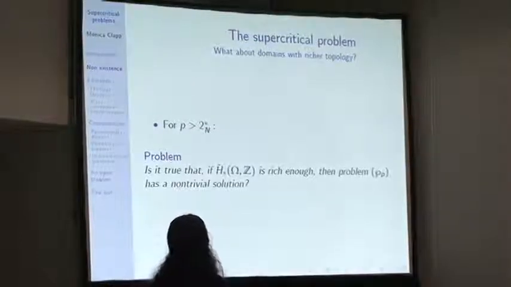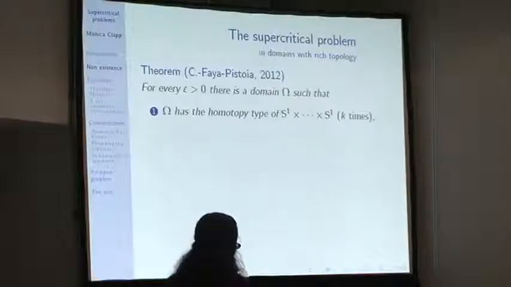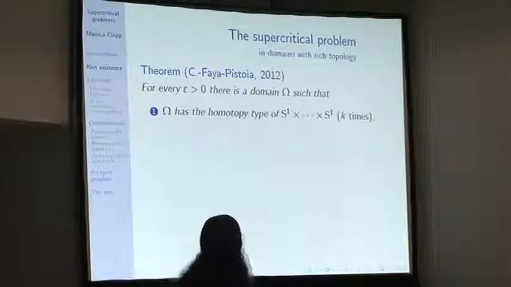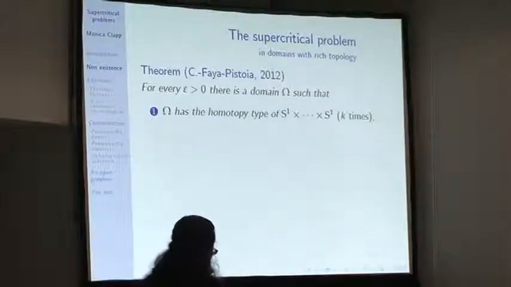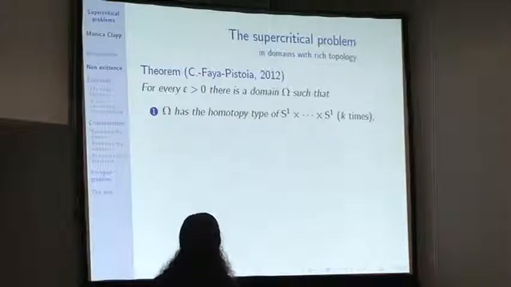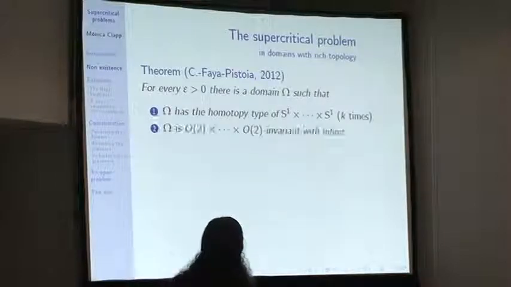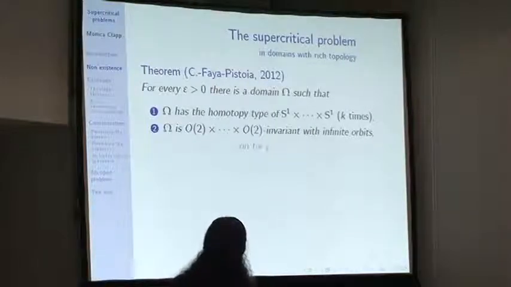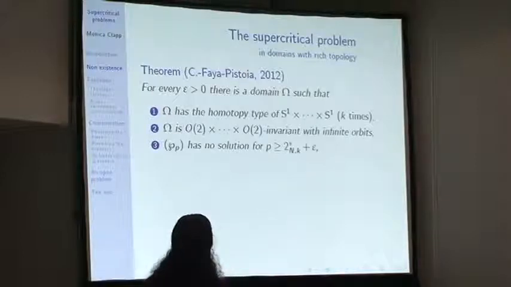Here is an answer which we obtained jointly with Jorge Faya and Angela Pistoia. We showed that for every epsilon, there is a domain omega with the property that omega has the homotopy type of a k-dimensional torus, that is, of the product of k copies of the circle. It is invariant under this group, and it has infinite orbits. The problem has no solution.